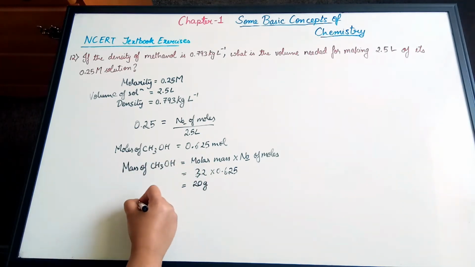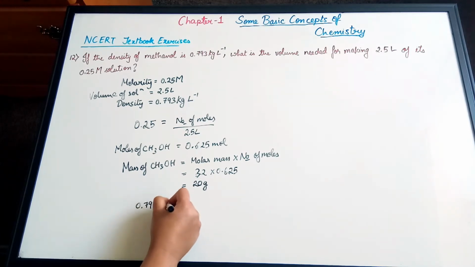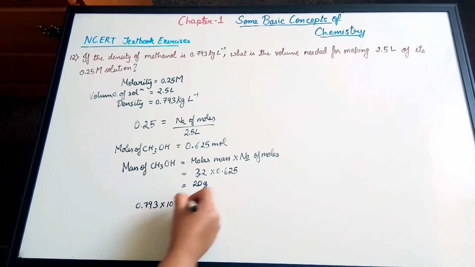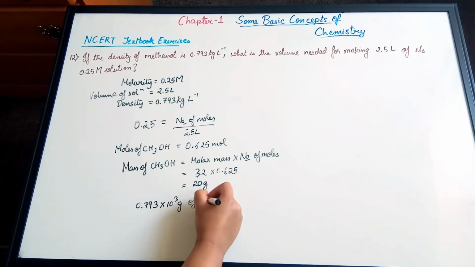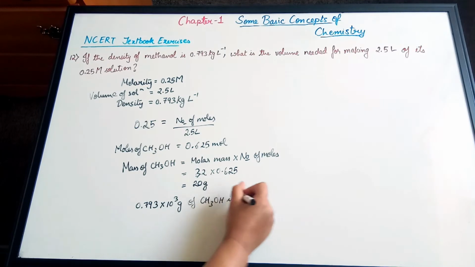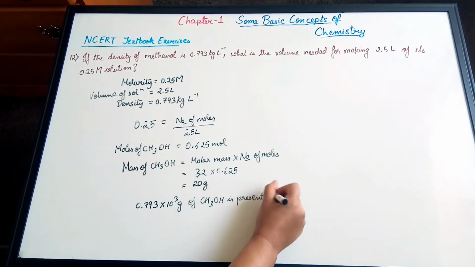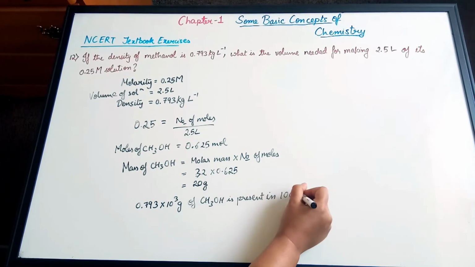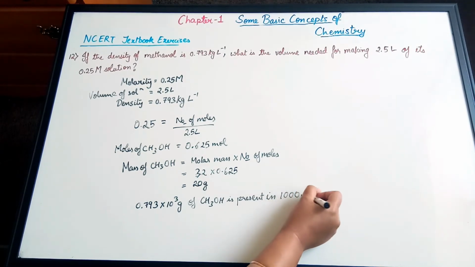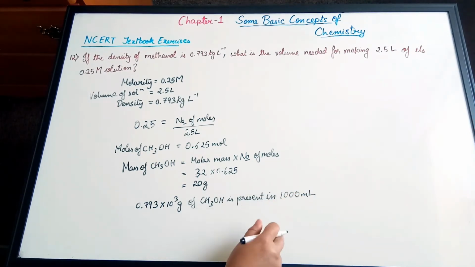So 0.793 into 10 to the power 3 grams of CH3OH is present in 1000 ml, not liters, 1000 ml.